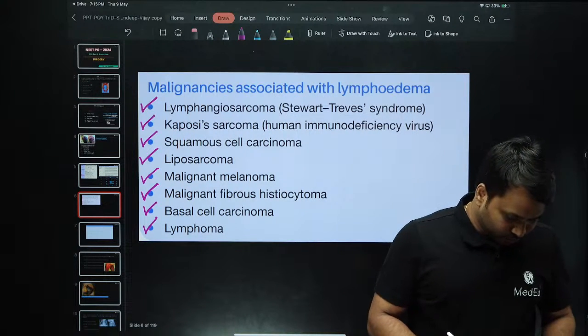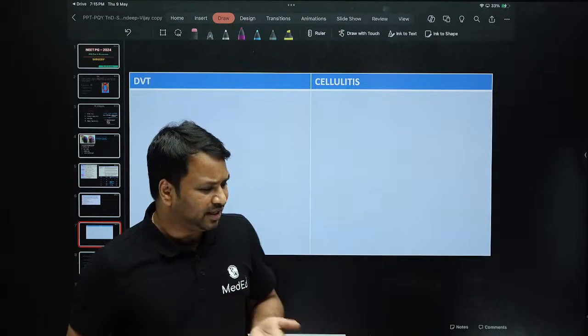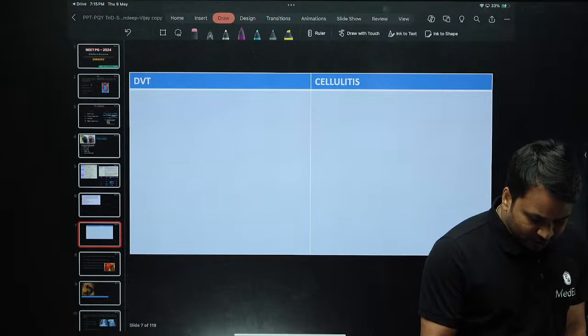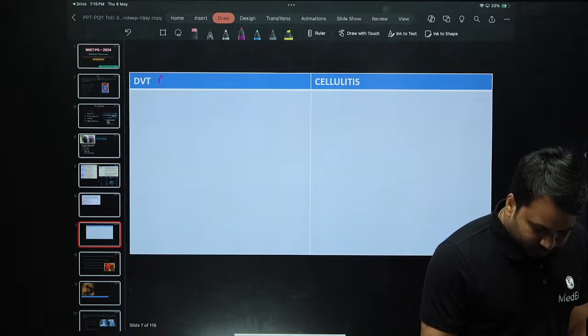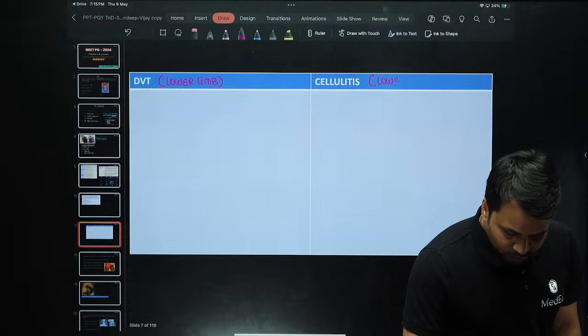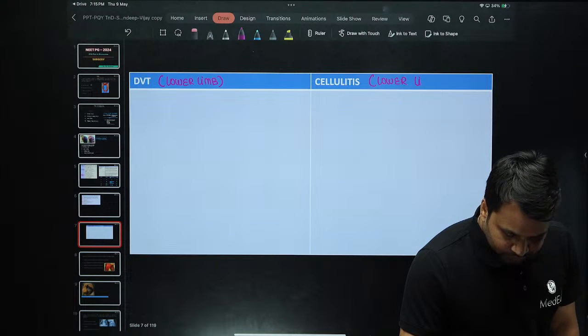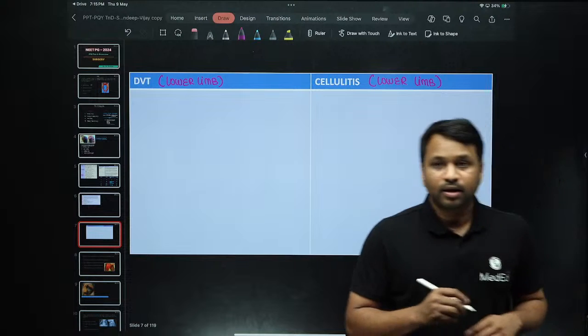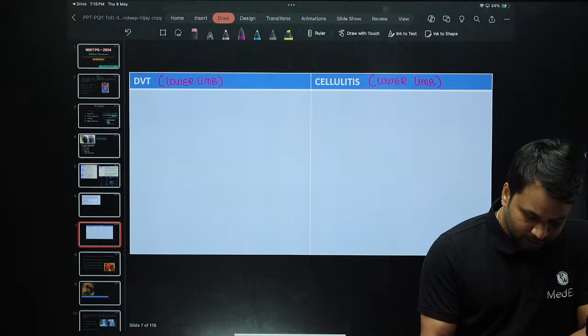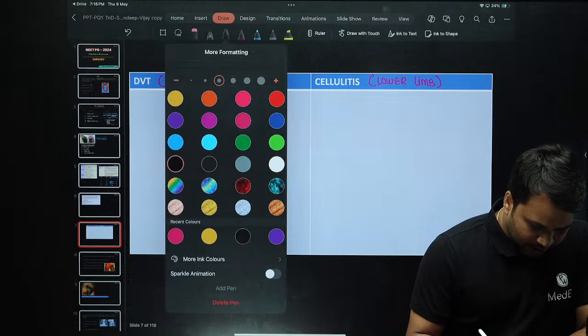Now, a lot of times students have been asking me, sir, how to differentiate between a DVT and a cellulitis. We're talking about the DVT of the lower limb and the cellulitis of the lower limb. When you talk about DVT in terms of presentation, it's slightly difficult to just analyze and say what is the difference.